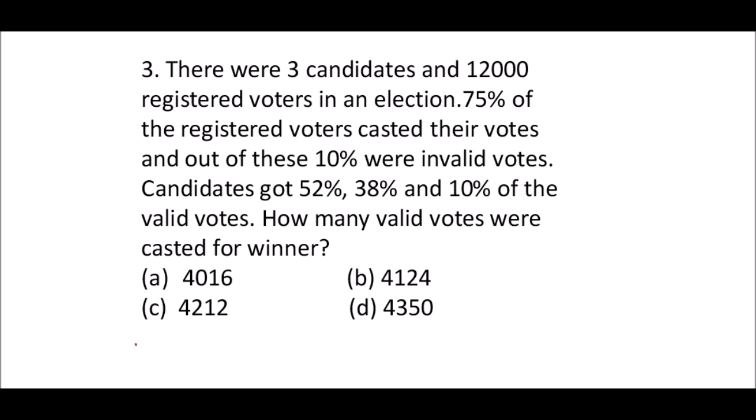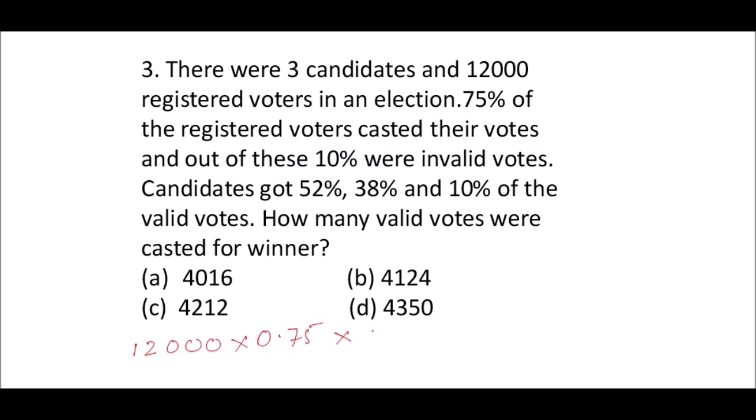Total voters were 12,000. Out of that, only 75% cast their vote, so you multiply by 0.75. This many voters cast their vote. Out of that, 10% were invalid.